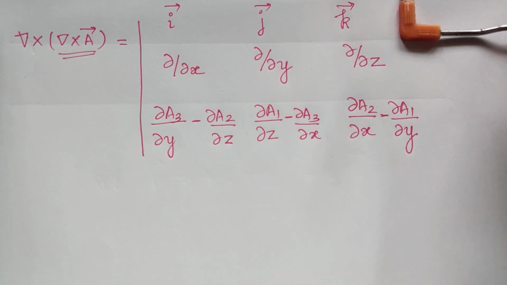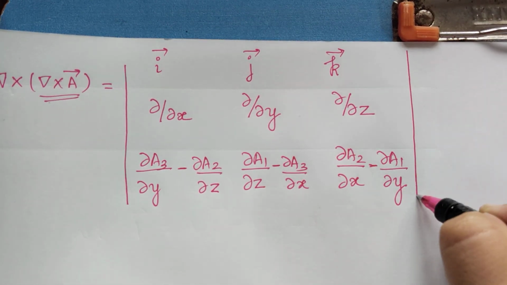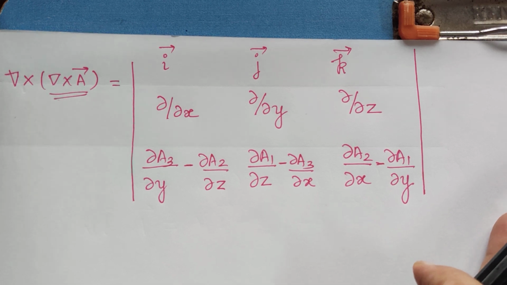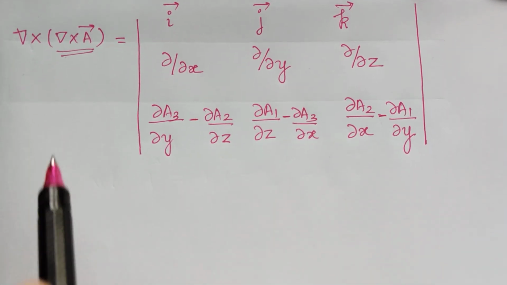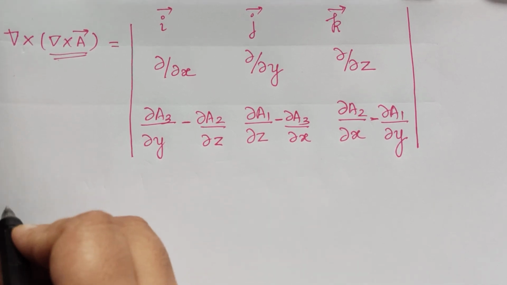So this gives us the determinant. We have to find the determinant of this quantity in order to find nabla cross a vector. So what will be the determinant of this matrix?